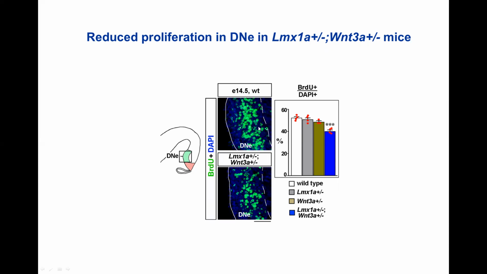So proliferating cells are green here, and we observed a dramatically reduced fraction of proliferating cells in the dentate neuroepithelium of Lmx1a Wnt3a double heterozygous mice compared to wild-type mice and single heterozygous mice.